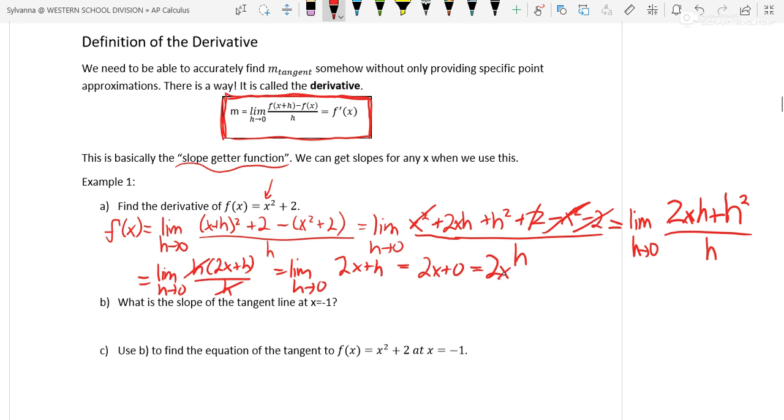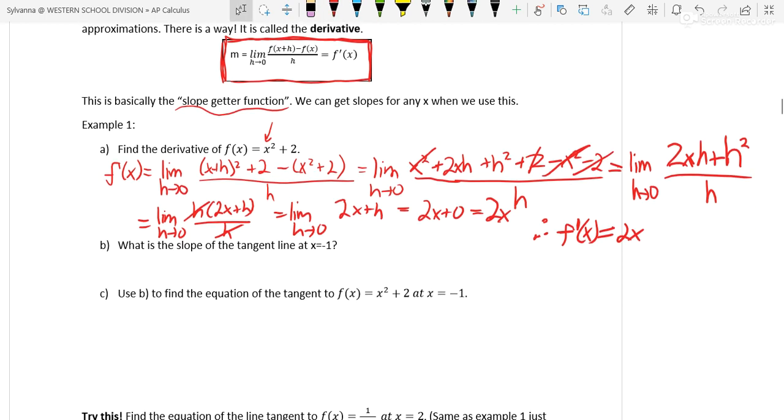So therefore, f prime of x is equal to 2x. So the derivative function for x squared plus 2 is 2x. Now I want to find the slope of the tangent line at x equals minus 1.